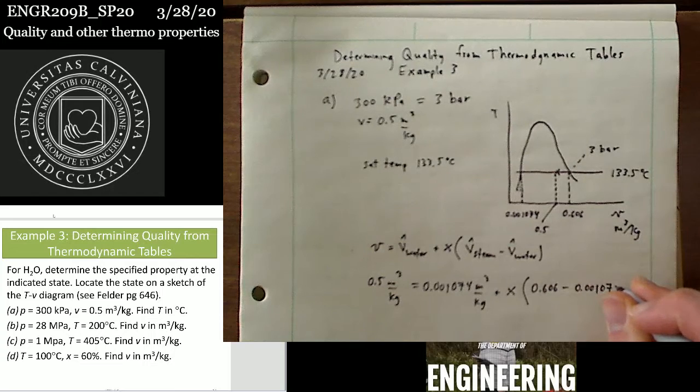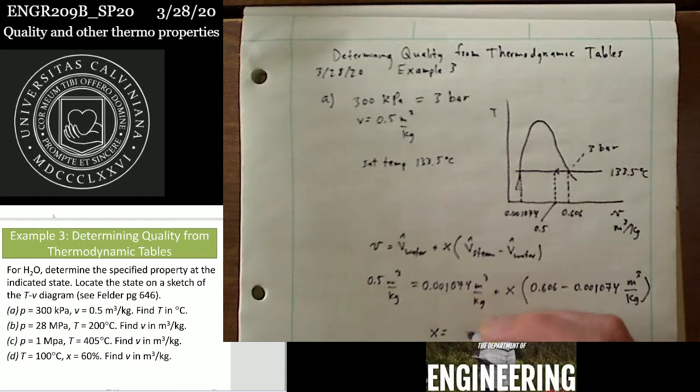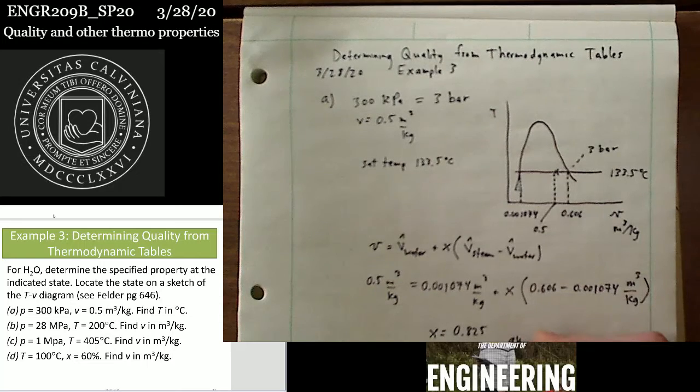And this is essentially a little interpolation between those 2 points. And so if we solve for x, x equals 0.825 or 82.5% quality.